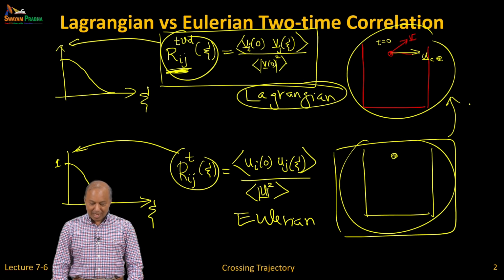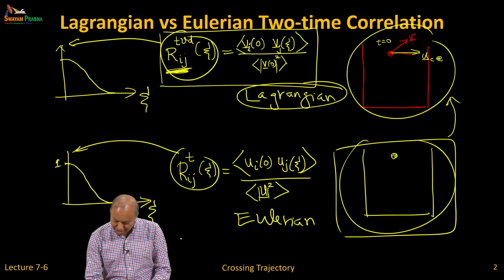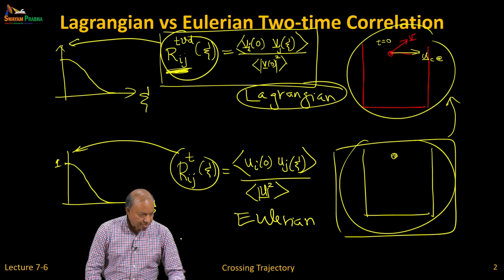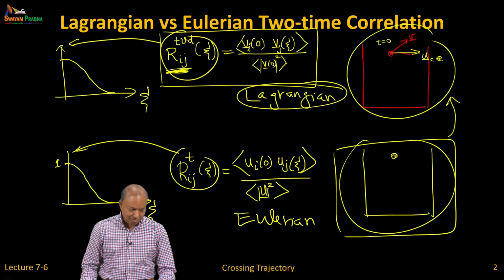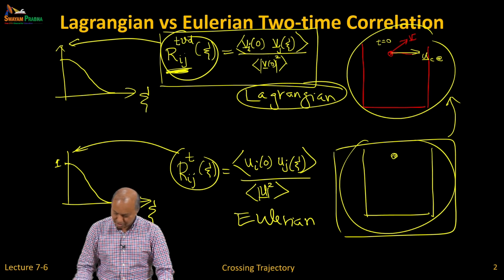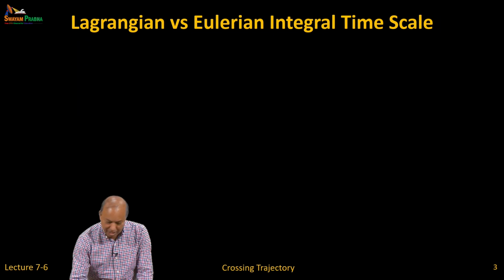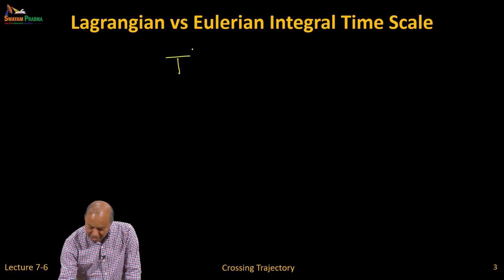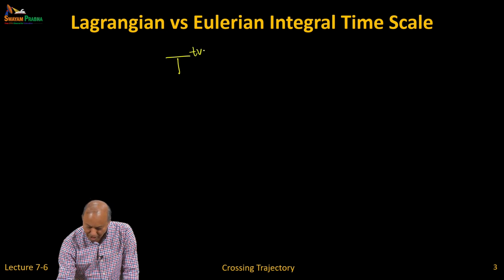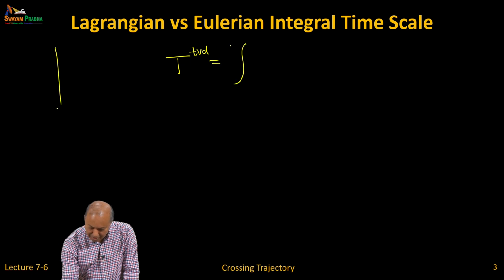And by the way, the time scale, maybe I will go to the next slide here also. You can define the time scale. This is the one that we wanted. It is nothing but the area under the curve that I showed in the previous plot.